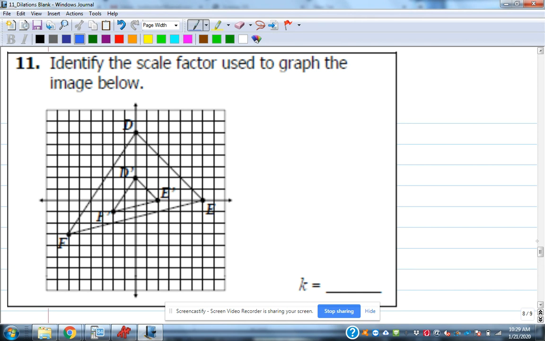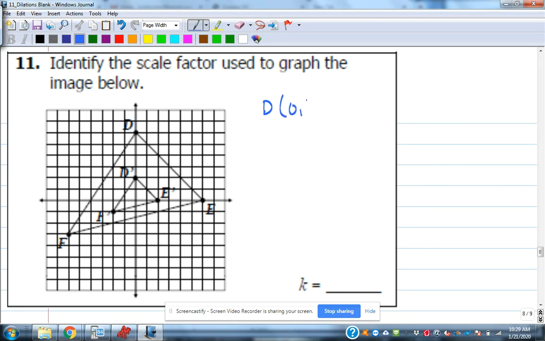Which one is this going to, our K value should be bigger than 1 or less than 1 for this picture? Less than 1, because our image, the one with the primes on it, is smaller. So I'm going to use, let's see, point D would work fine.